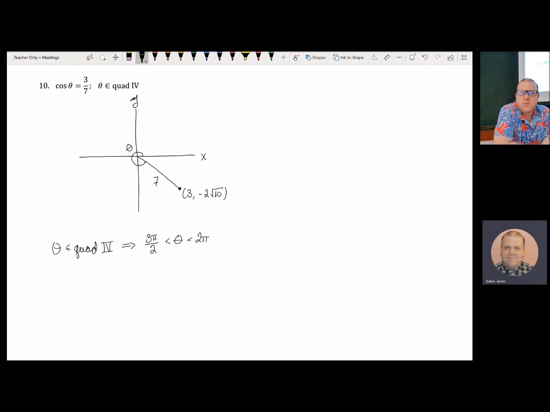We're in quadrant 4. That means we're between 3π/2 and 2π. This means that θ/2 would have to be between 3π/4 and π.